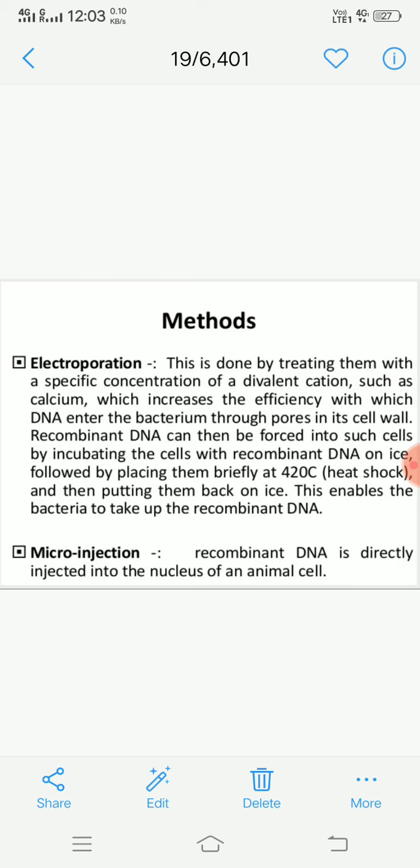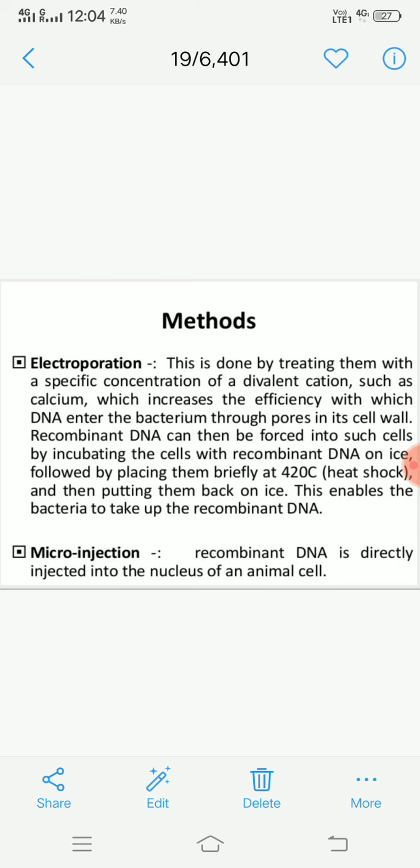Our recombinant DNA is forced into the cells by incubating the cells with the recombinant DNA on ice, followed by placing them briefly at 42 degrees Celsius, which is heat shock. First it is placed on ice, then heat shock is used, and then the cells are put back on ice, so that the cell wall or plasma membrane becomes permeable to our recombinant DNA molecule.